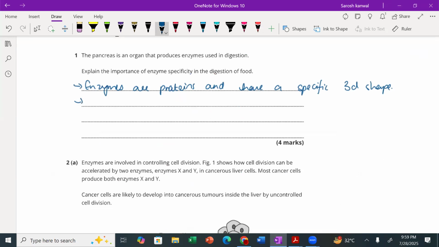Other than that, enzymes have a specific shaped active site.